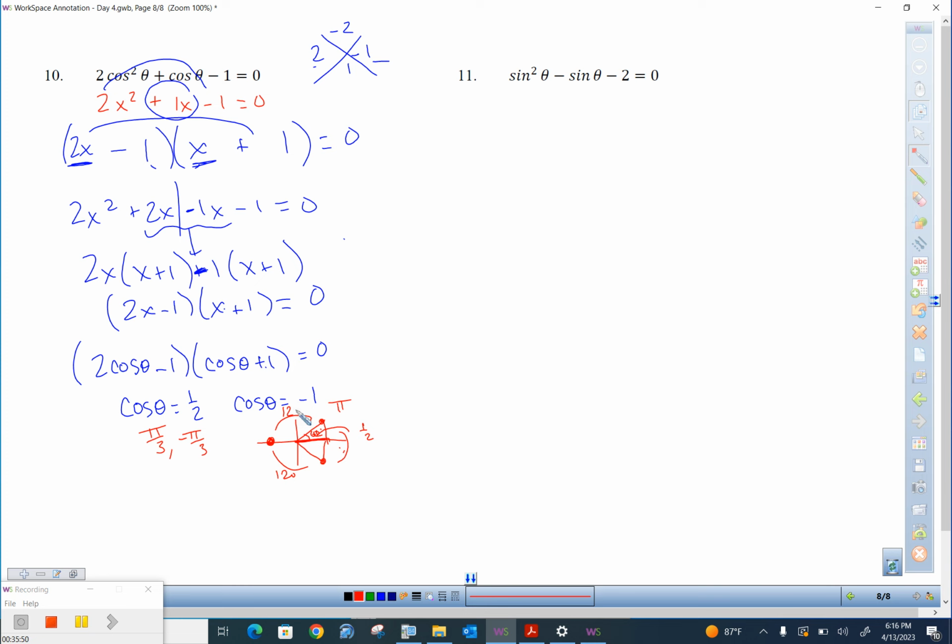Because all of these are the same distance away, I can group them together by saying the first answer, which was my pi over 3. You could start with any of those. You wouldn't have to start at that one. And then I can say they happen every 120 after that. So 120, if you don't remember, is 2/3 pi, but it comes from that divide by 180, tack on a pi.